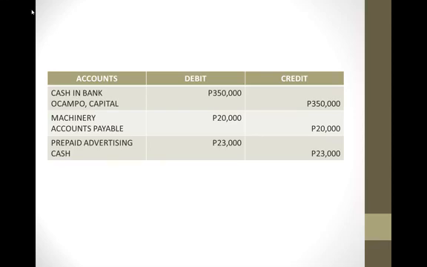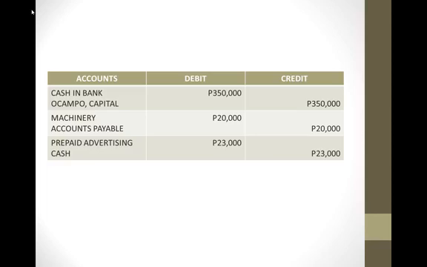Next bullet, purchase on account. Meaning, you increase your liability. So, you need to increase the liability by crediting. And then your asset. Now, we have two assets here, the cash in bank and machinery. Those are asset accounts.